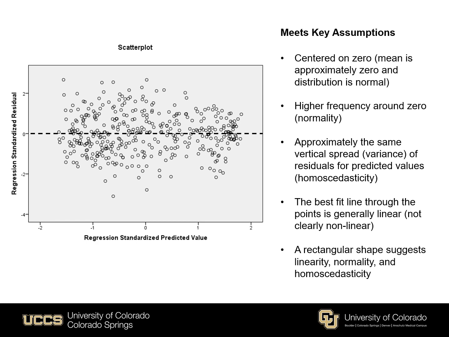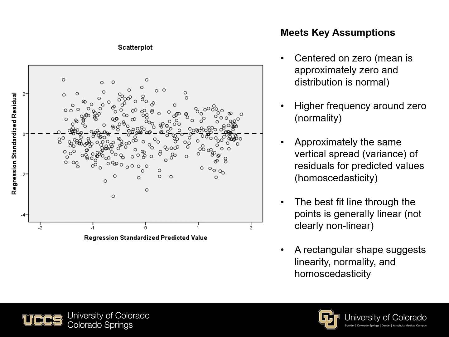Also, if we look at the density of the points, so that means the number of residuals in any given space, that density is largest right around that 0 horizontal line. So that higher frequency around that 0 line is indicative of normality.